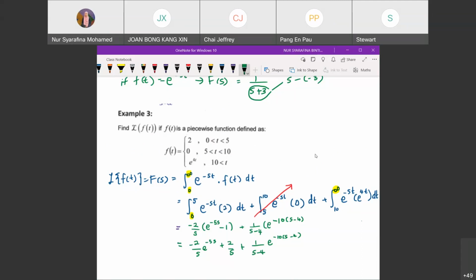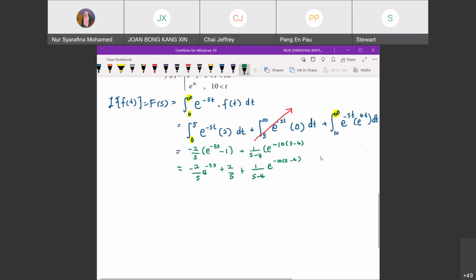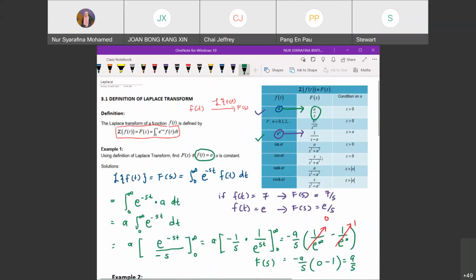Other than this example, let's say you have sine, you have cos. In order to get the function of s here, we always use this definition. We always use the definition of the Laplace transform to obtain F(s) from f(t).